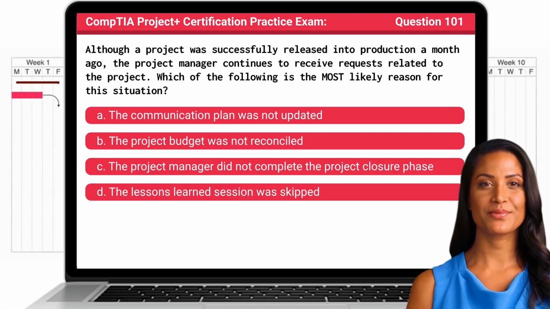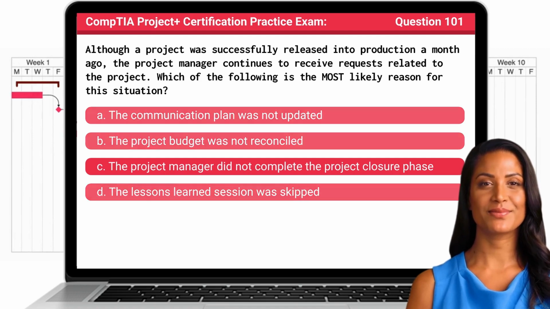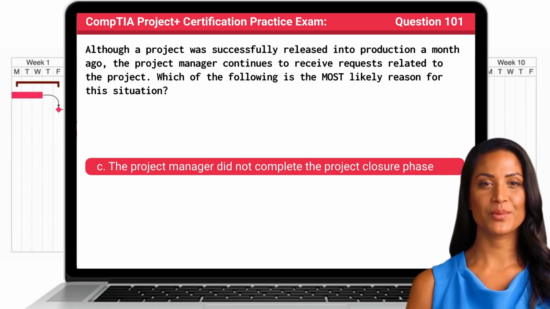Question 101. Although a project was successfully released into production a month ago, the project manager continues to receive requests related to the project. Which of the following is the most likely reason for this situation? The answer is C. The project manager did not complete the project closure phase.